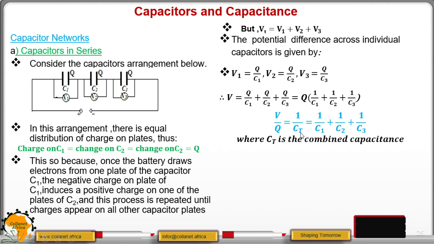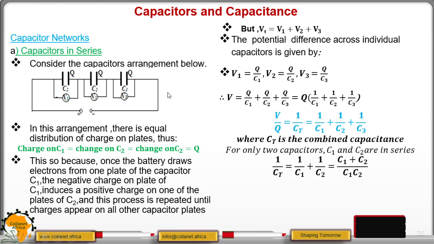And to get CT, after adding all these, you are supposed to finally take the reciprocal. But if you have only two capacitors, C1 and C2, in series, then we have 1 over C total equals 1 over C1 plus 1 over C2. Because they are two, we can get the LCM, which is C1 C2.